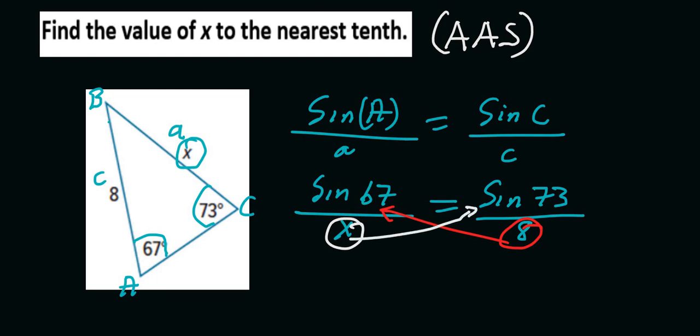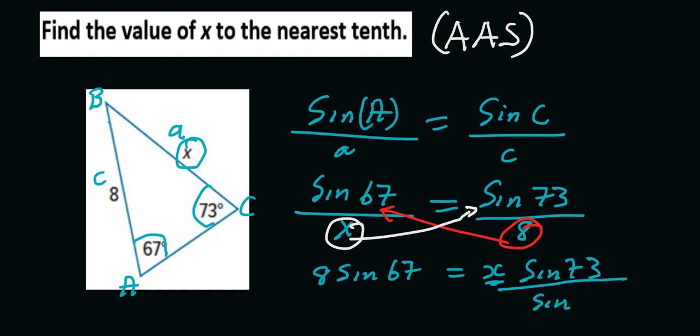So when you do that, this will become 8 sine 67 is equal to x sine 73. So since we are looking for the value of x, we have to divide both sides by sine 73.